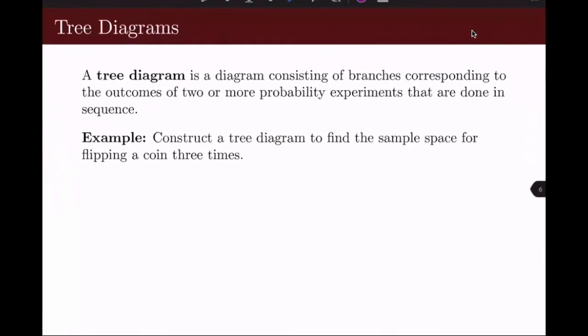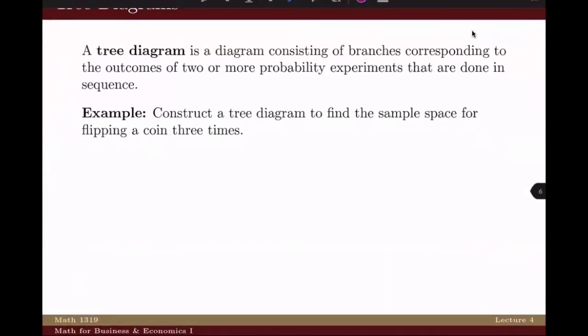Moving on. A tree diagram is a diagram consisting of branches corresponding to the outcomes of 2 or more probability experiments that are done in sequence. Example, construct a tree diagram to find the sample space for flipping a coin 3 times. All right, so on the first flip, so we'll call this flip 1, we have 2 options.